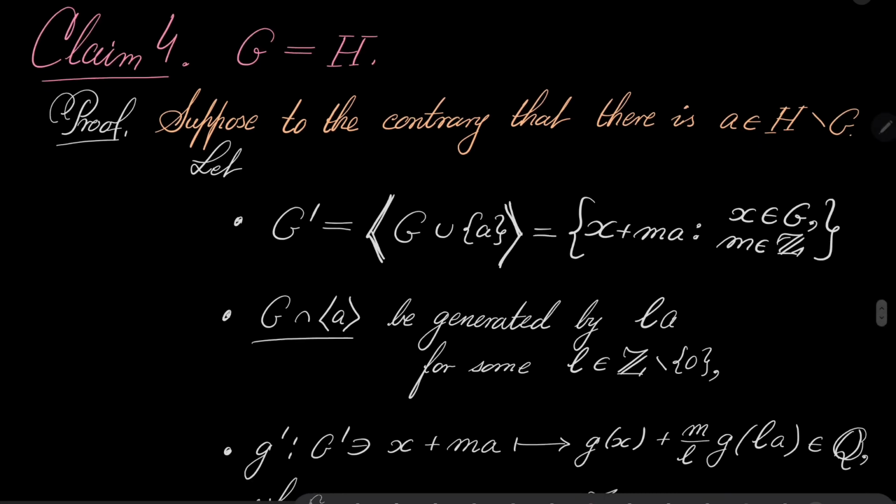Moreover, G intersected with the cyclic group generated by A is again a cyclic group, a well-known result from abstract algebra. And let's say that it is generated by L times A for some non-zero integer L.